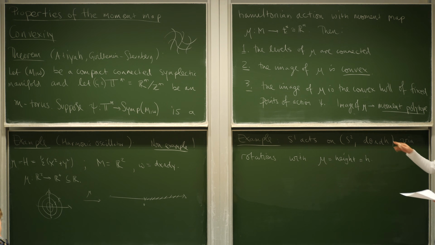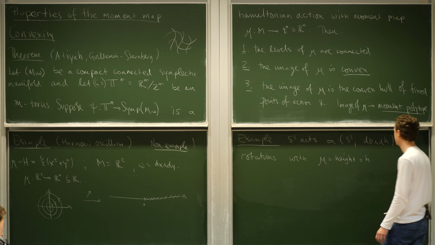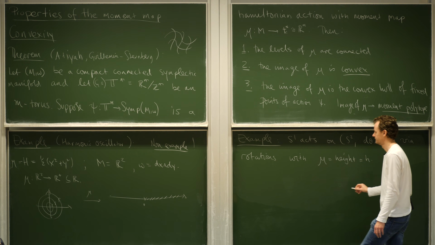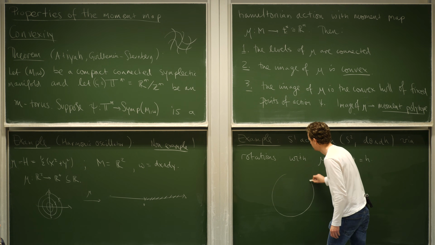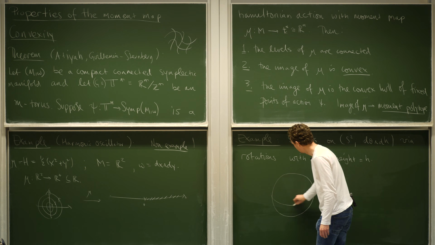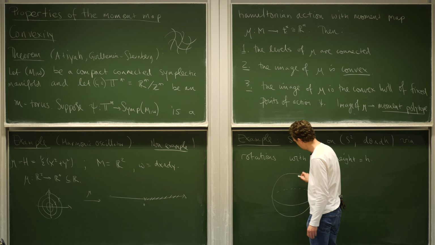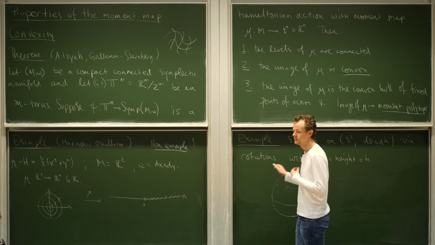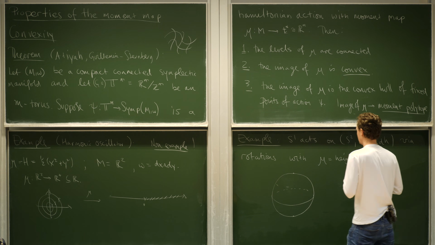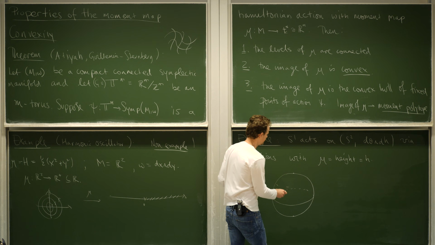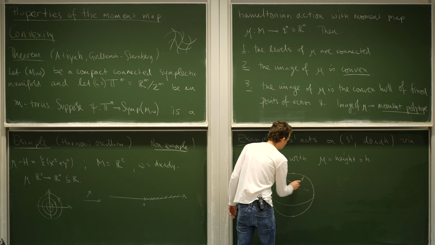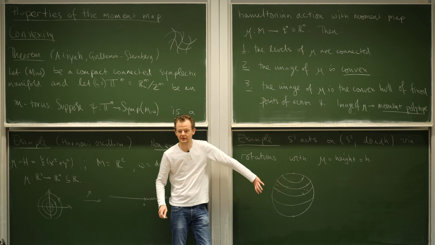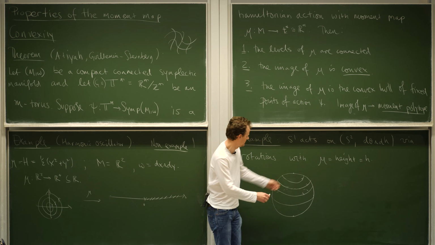So we're going to take S1 to act on the surface of the sphere, and we're going to use angle and height coordinates. Here's the sphere, and the action of the circle on the sphere is to just rotate the sphere. So the group acts by rotating the sphere in this direction.